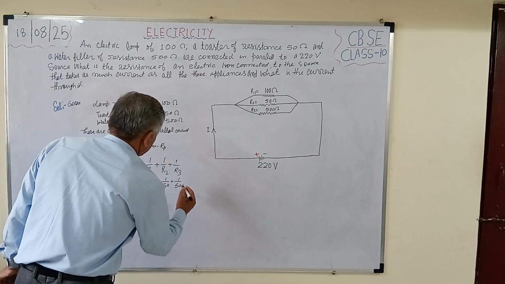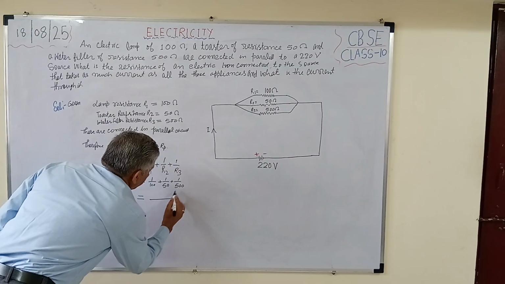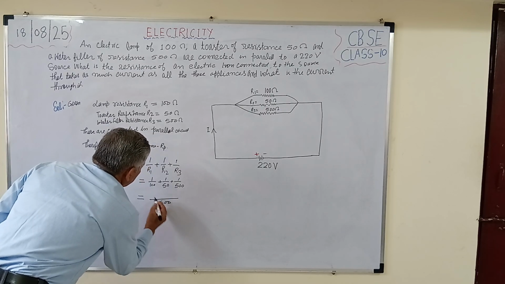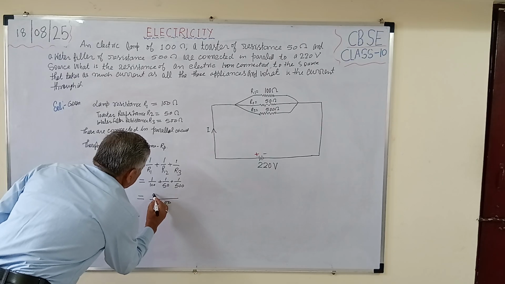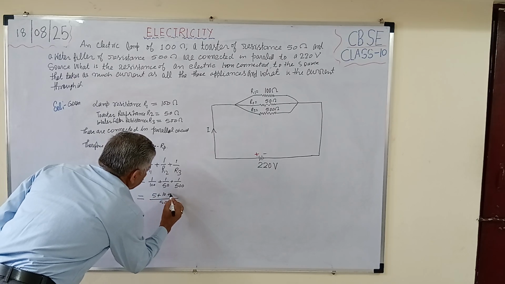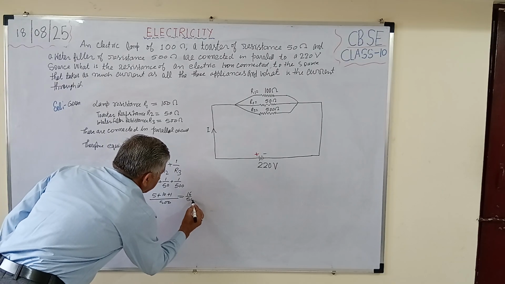So we will take the LCM, which is 500, and this will become 5 plus 10 plus 1, that means 16 by 500.